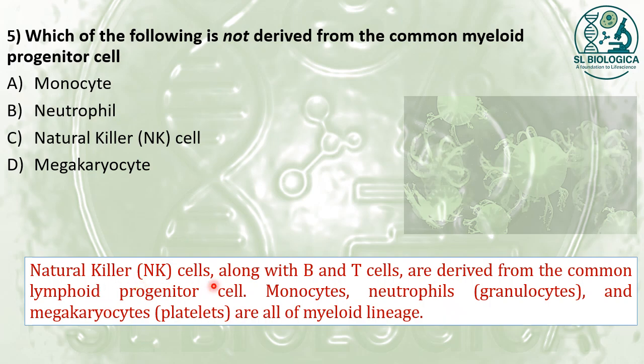Natural killer cells along with B and T cells are derived from the common lymphoid progenitor cell. We already discussed that. Monocytes, neutrophils, and megakaryocytes are all of myeloid lineage. So the answer is option C, natural killer cell, which is not derived from the common myeloid progenitor cell. An easy question, right? Okay.